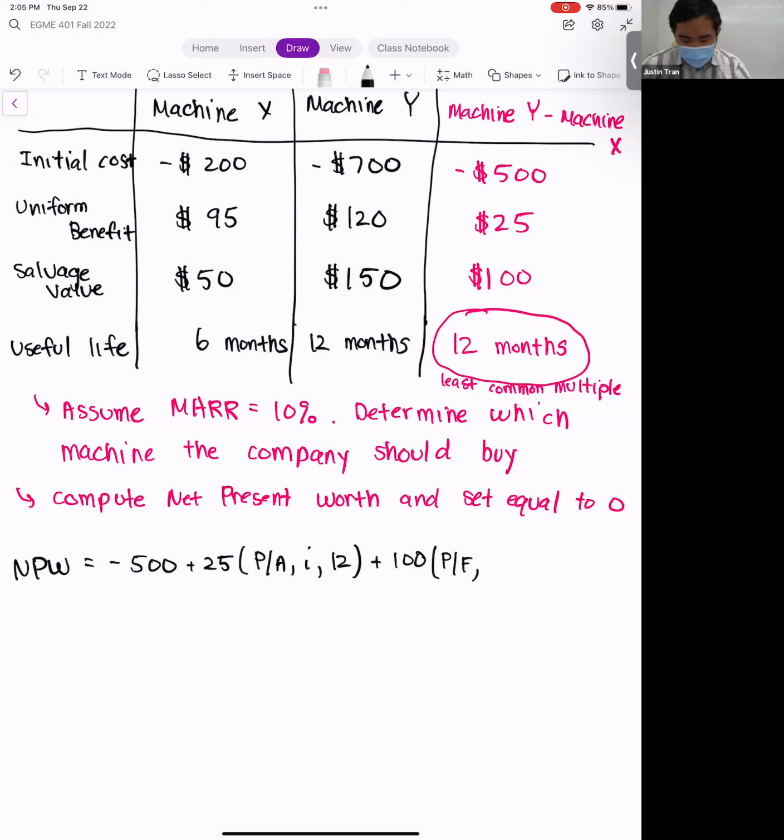The difference in salvage values is going to be a P over F factor. And we're going to salvage at the end of month 12. And so it's going to be P over F, i, and 12.